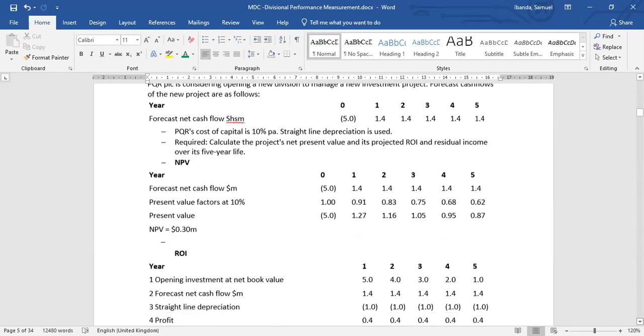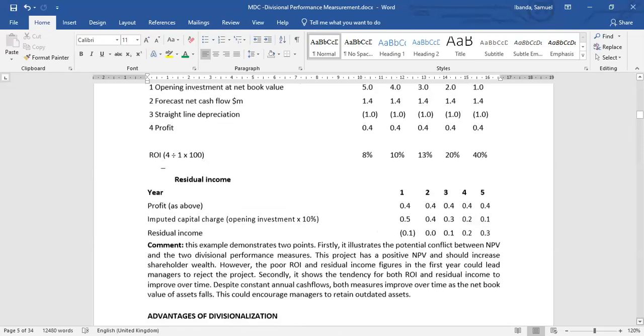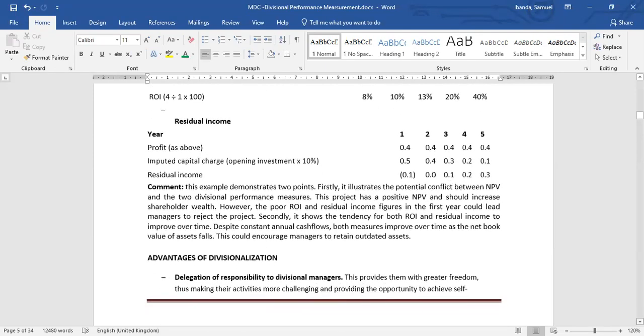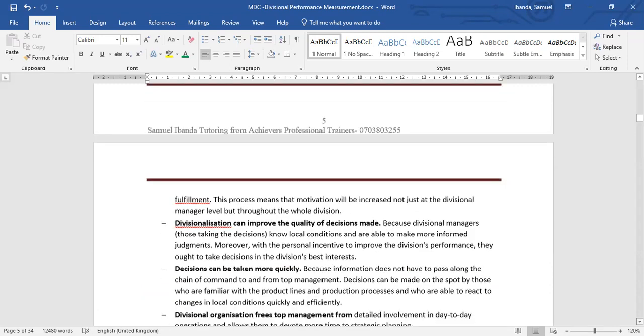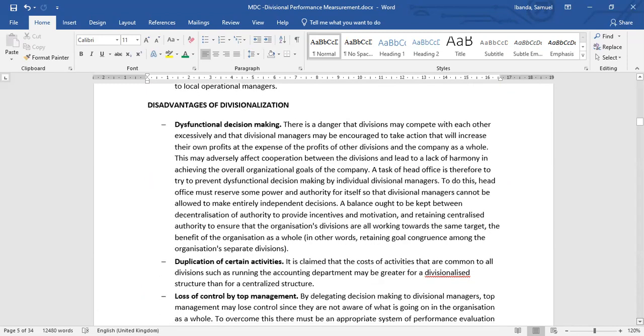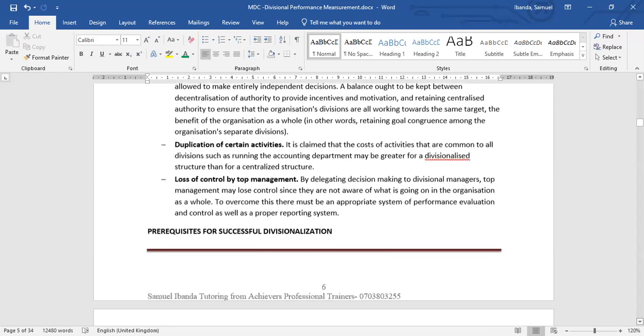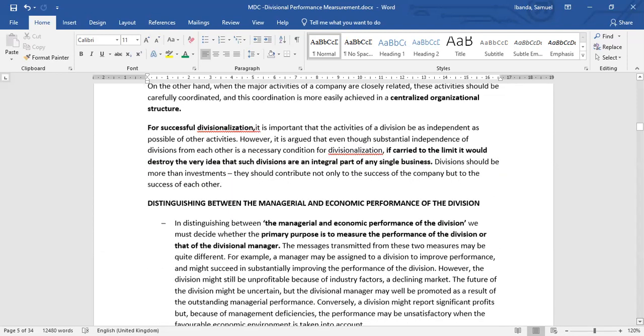I'm going to share these notes with you so that during the week you can go through them, so that when we meet next time, we can just start from where we stopped and try to understand the other elements of this topic.